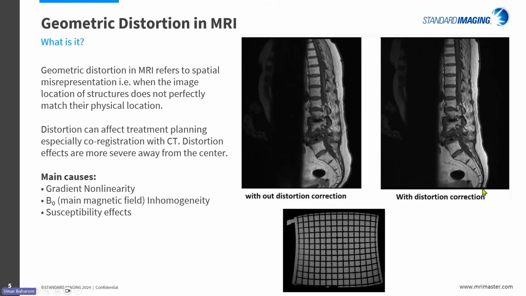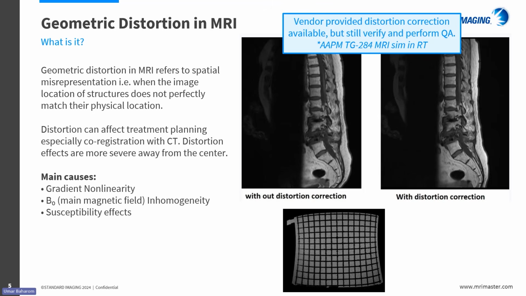And obviously in radiation therapy, spatial uniformity and accuracy is very important, especially for targeting the tumor and sparing the critical organs.